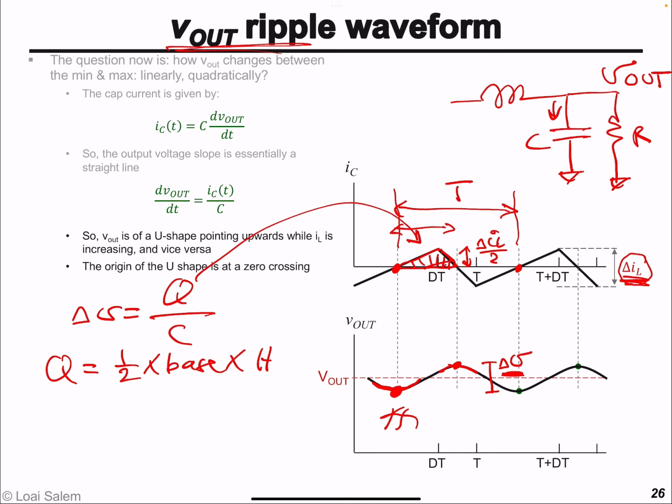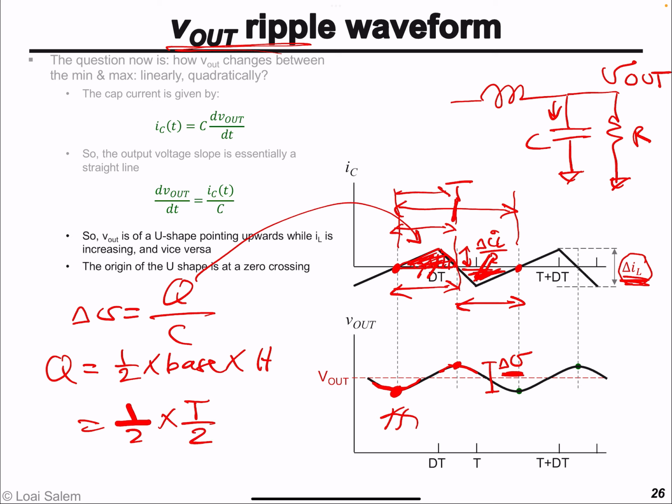And since this triangle and this triangle are congruent, this means this distance is equal to this distance, or essentially this is equal to this. And so the base of the triangle is going to be T over 2, right? Essentially the triangle splits the cycle time.